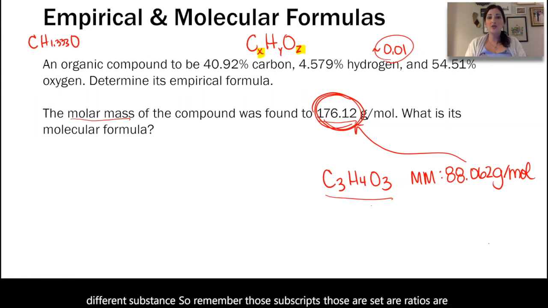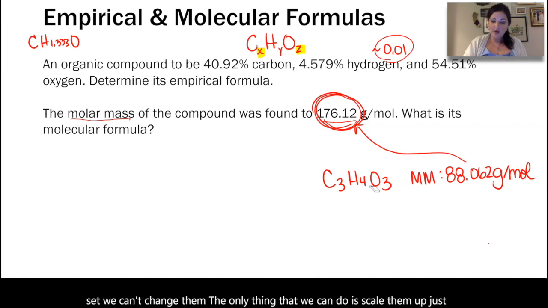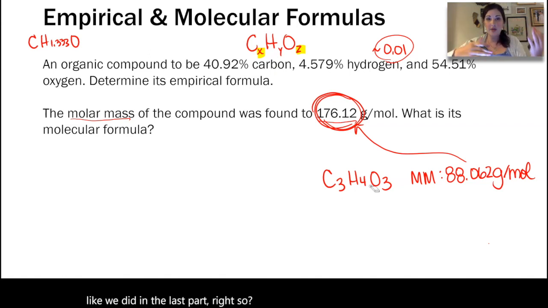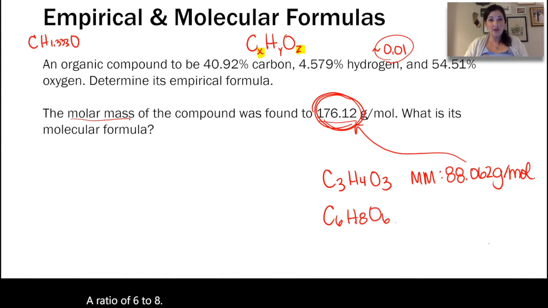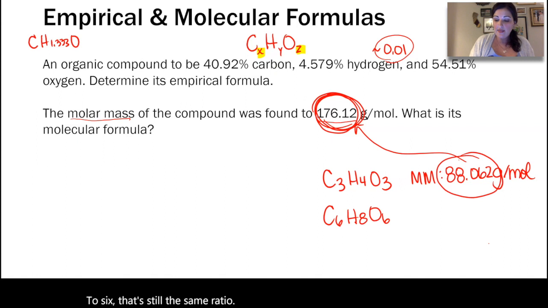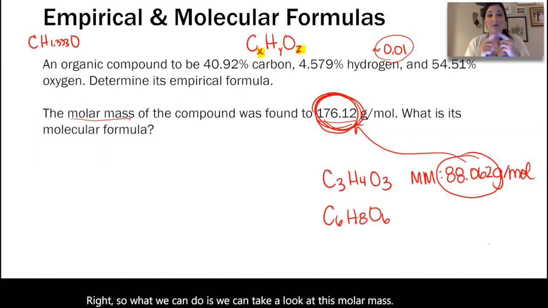The only thing that we can do is scale them up, just like we did in the last part. So a compound with a ratio of 3 to 4 to 3, a ratio of 6 to 8 to 6, that's still the same ratio, right? So what we can do is take a look at this molar mass and this molar mass, take a ratio of those two numbers, and see how those ratios compare.